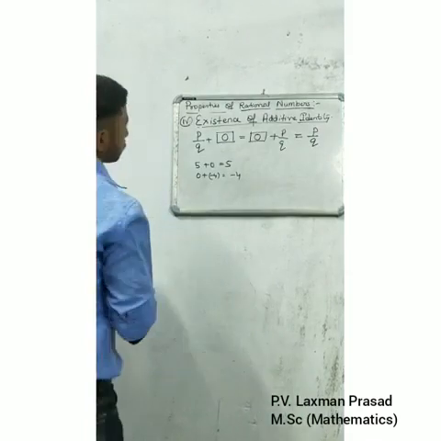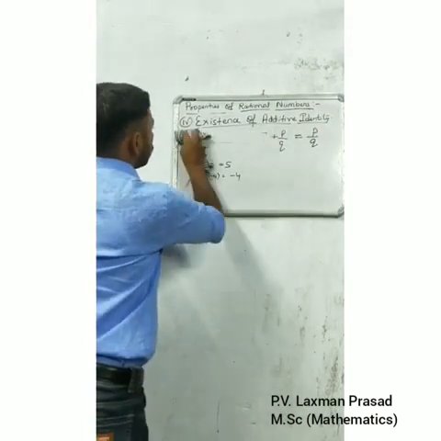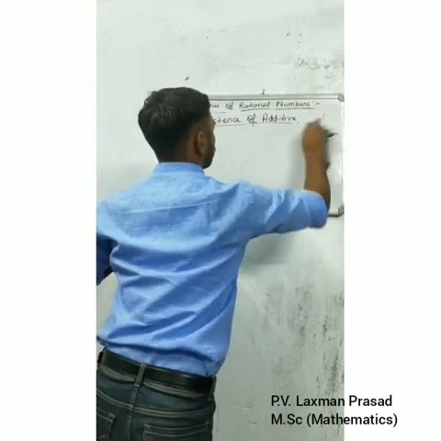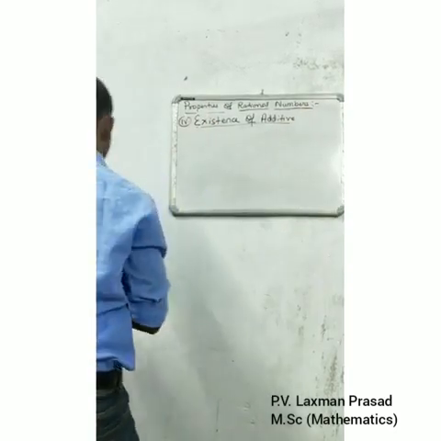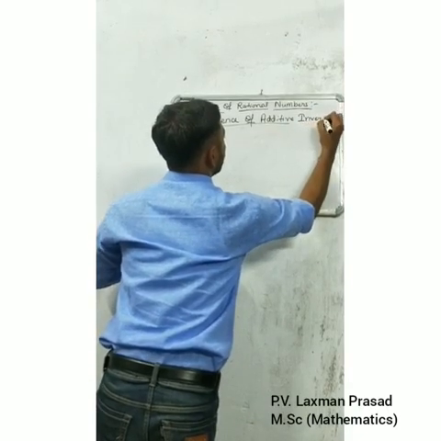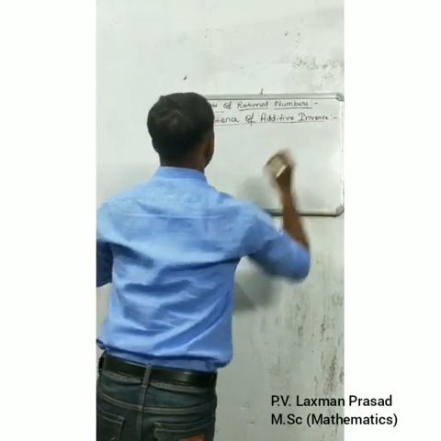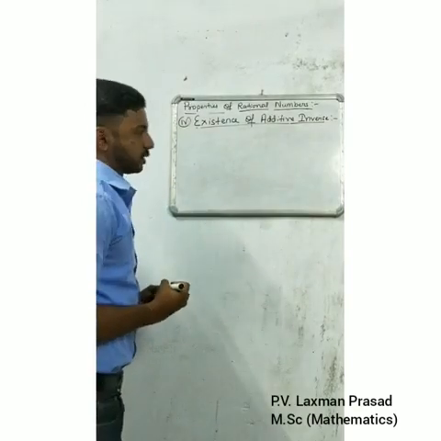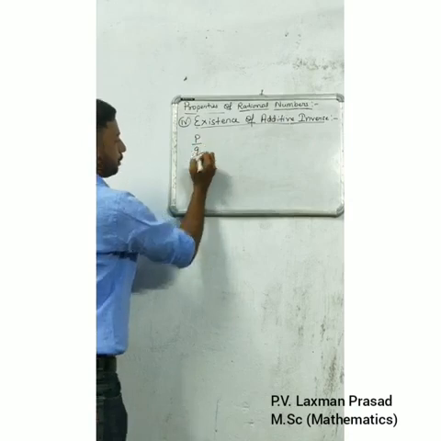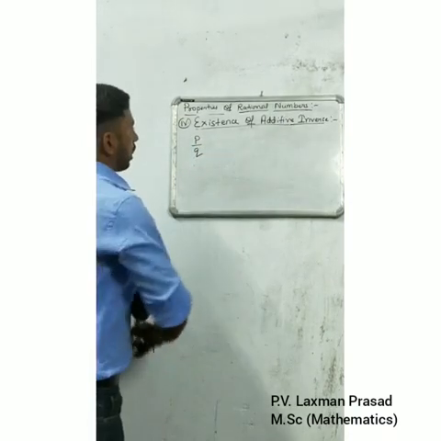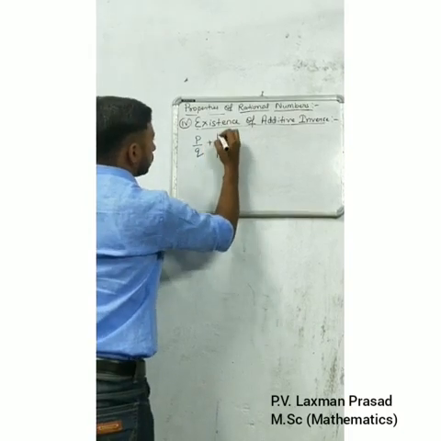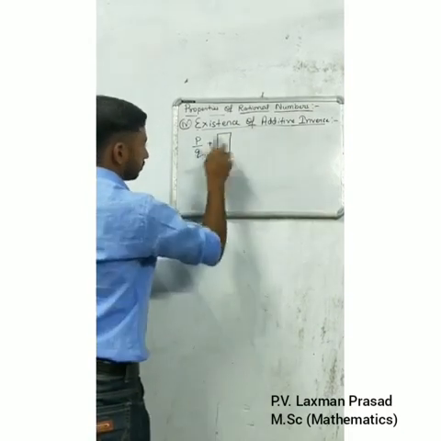Moving on to the last property, existence of additive inverse. You take a rational number p by q. I have to add something here.